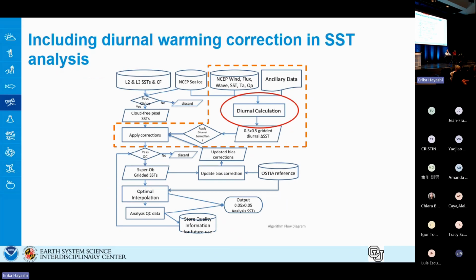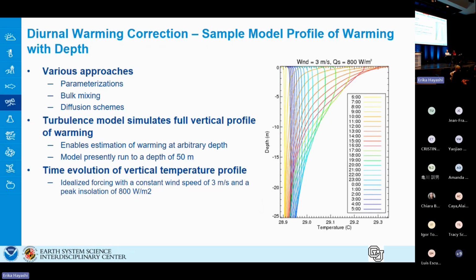So we're putting extra information in there, which includes NWP fluxes of heat and momentum, and then estimating diurnal warming on a global grid, and then extracting the information for a given time of day and applying that adjustment to individual satellite pixels as we ingest them before we perform the analysis. And the model we're using is one that's been continuously, well, relatively discontinuously, evolving.